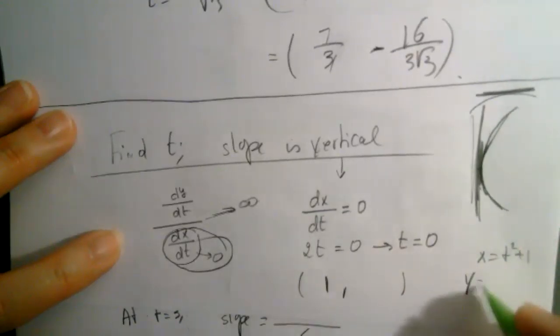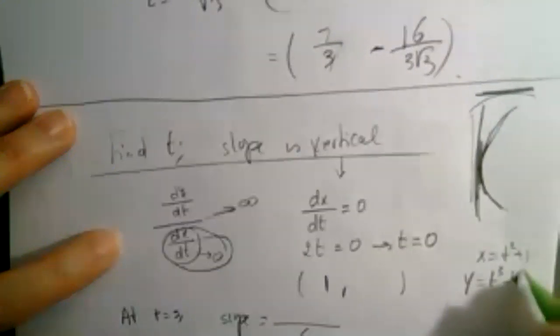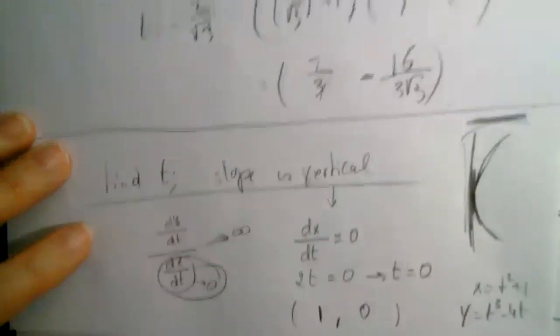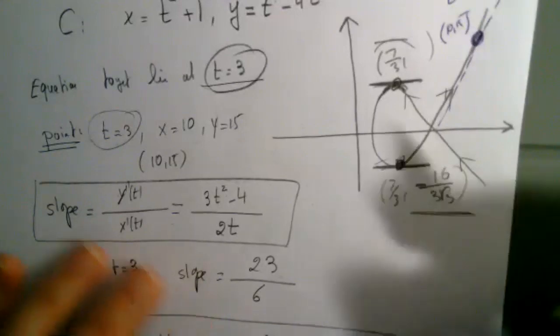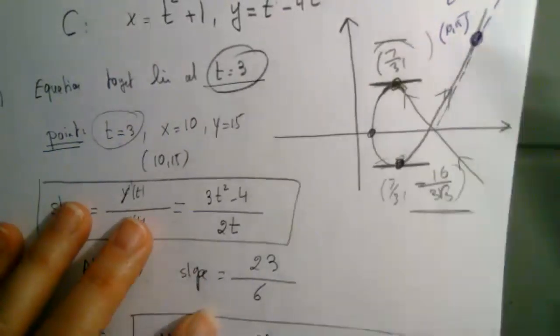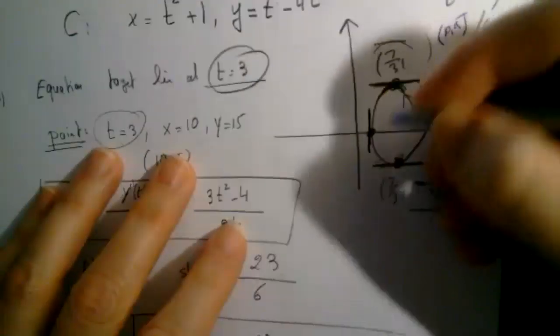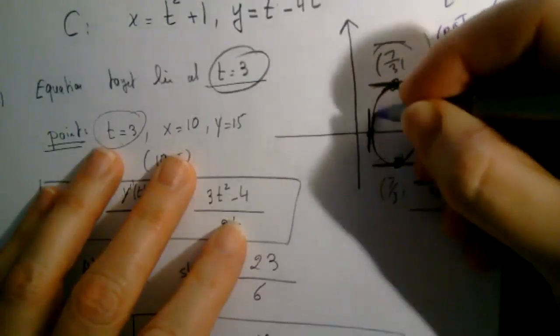My y was t to the power 3 minus 4t. So I go back to the graph of the function itself, and it's happening right there at (0, 1). At this stage the graph is almost vertical.